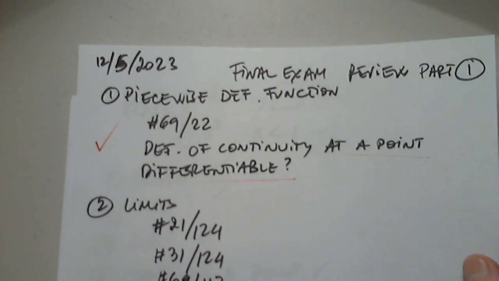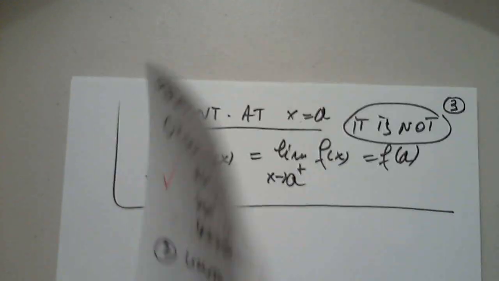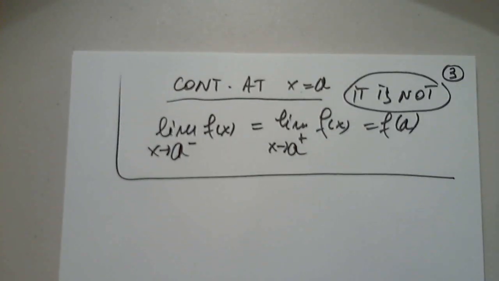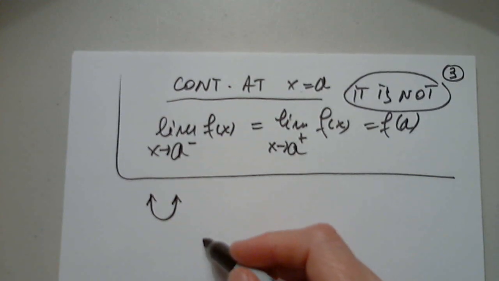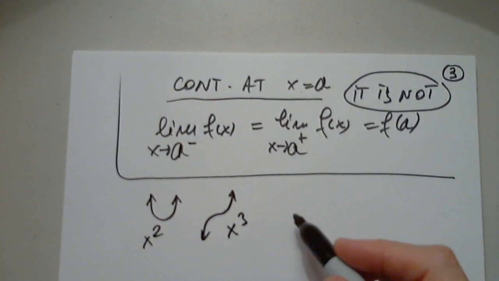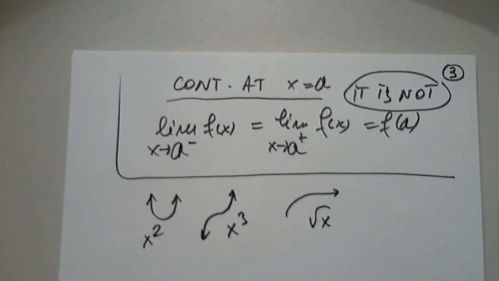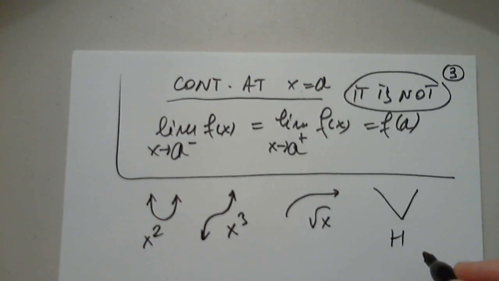And that's it. So just review the most important functions, so you have those ready. So what will be the most important functions? X squared, x cubed, the square root of x, the absolute value of x, the exponential function.